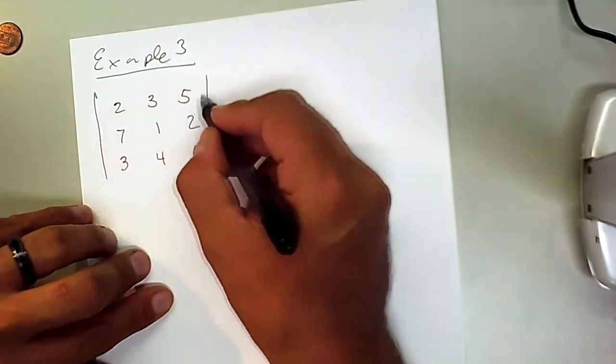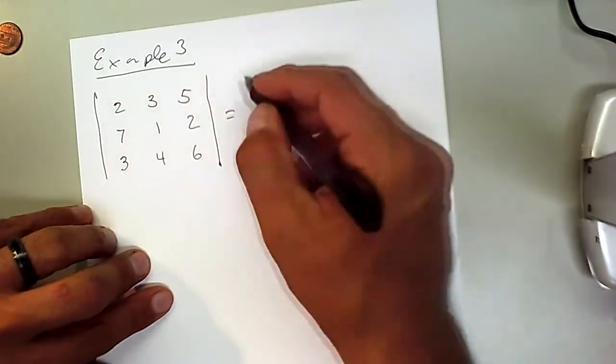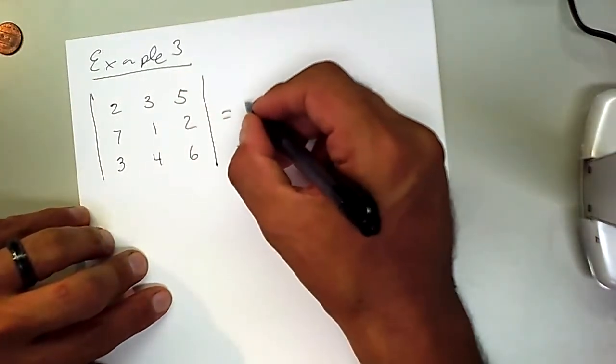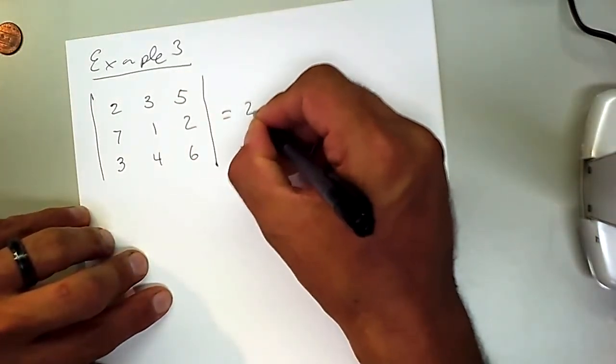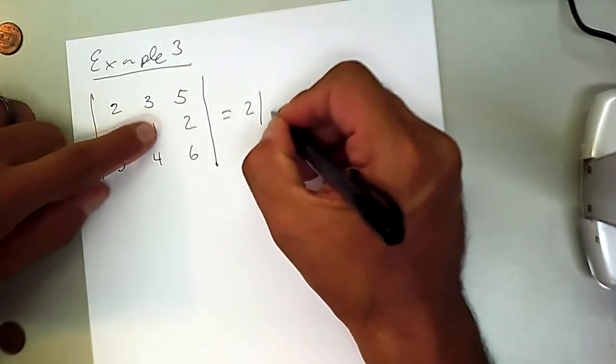If we do this with the first row, as we showed earlier, we have 2 times the determinant 1, 2, 4, 6.